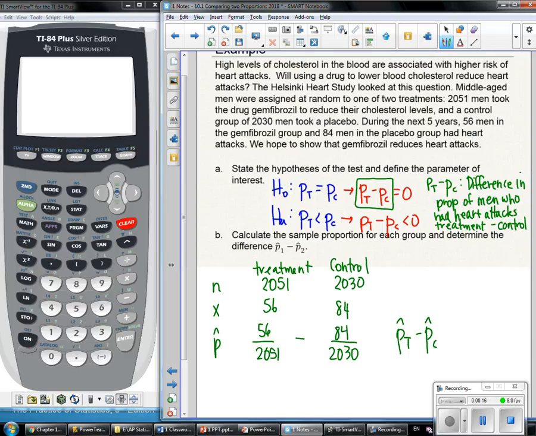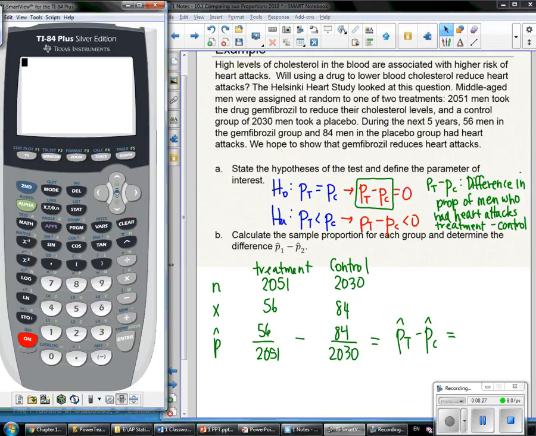And if I were to come up with the proportions first and then subtract the proportions, I'm going to run into rounding issues. So I'd rather just type them in. So I'm going to go ahead and do my 56 divided by 2051. And I'm going to subtract my 84 out of 2030.